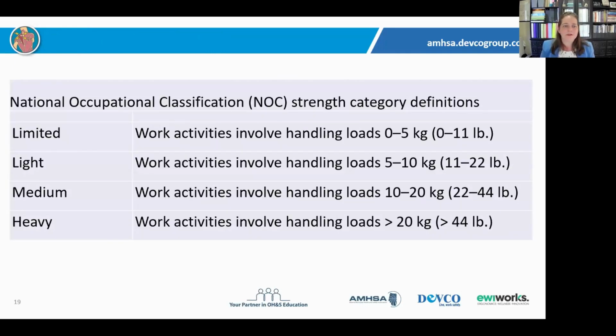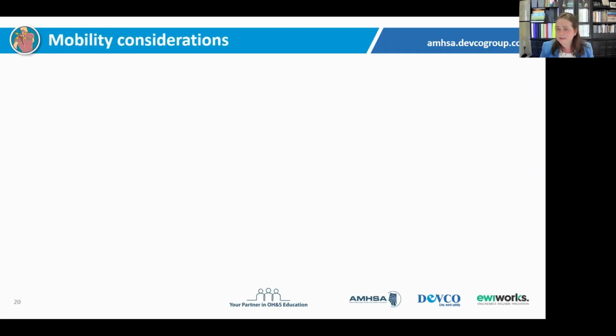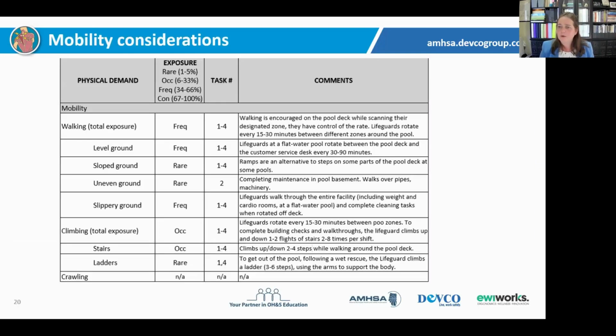Okay. So I talked about some of these national occupational classifications for strength already. And this is just a table to look at. So if you're looking at a job demand assessment and you're concerned about mobility demands, maybe somebody broke their ankle, they twisted their knee, maybe they're waiting for surgery for a knee injury, maybe they're coming back from an injury. Mobility is a pretty big one.